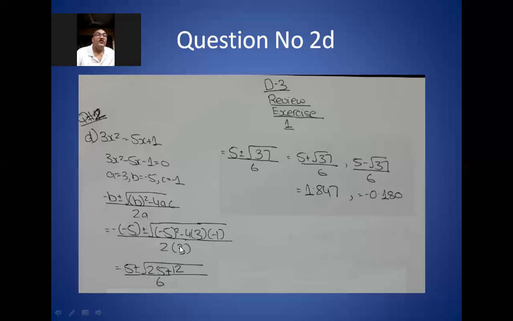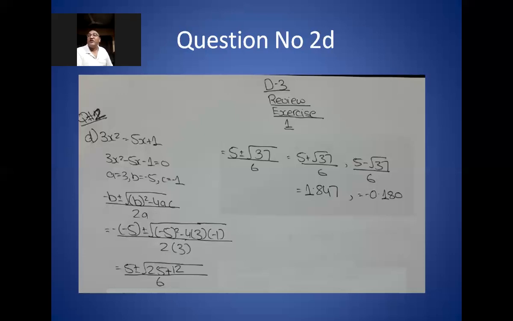So 5 plus or minus, and under the under root, you will have 25 plus 12 is 37. So the whole thing divided by 6, and so now you have two options. So in your calculator, you will write 5 plus under root 37 equals to, divided by 6 equals to, it gives you the answer 1.847.